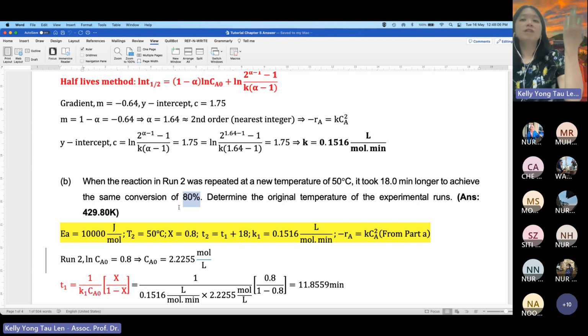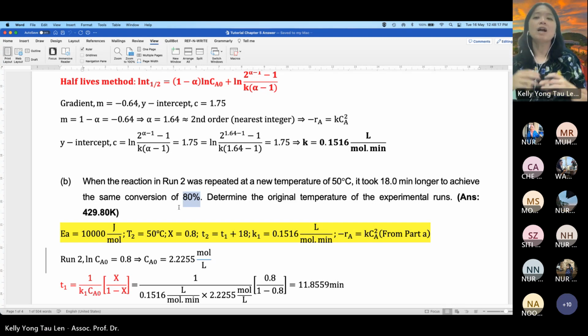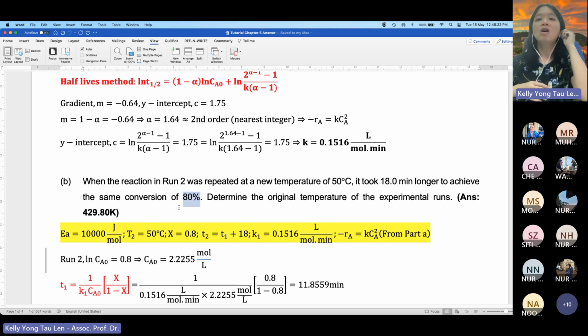Now kalau saya run pada 50 Celsius, dia akan mengambil masa 20 plus 18, 38 minit untuk mencapai conversion yang sama. Okay, so kamu remember, right? Apa yang akan berubah apabila kita ubah suhu, mestilah nilai K, right? You remember I told you why reaction time changes when temperature changes is because of the change of the value of K.